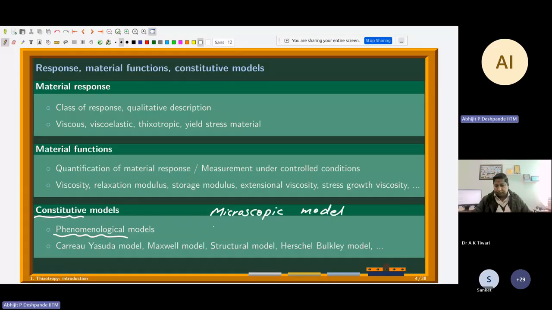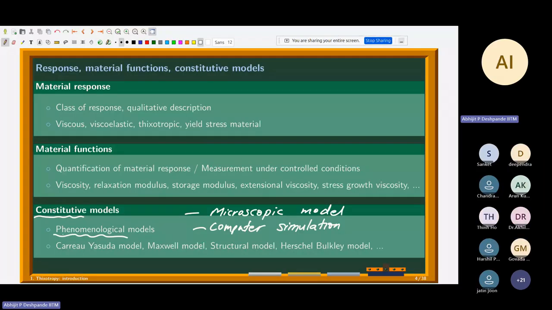We can also, these days, do computer simulations using computer models of whatever system we are trying to investigate. But for our purposes today, we will focus on phenomenological models, which implies that they are trying to describe the behavior and phenomena of the systems, and that's the main goal.